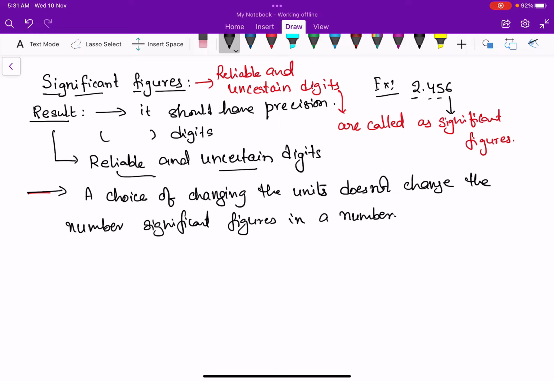Let us say a simple example: 2.308 centimeter is the reported answer. How many digits? We see 1, 2, 3, 4. Four digits are there, so I can write 4 significant figures.